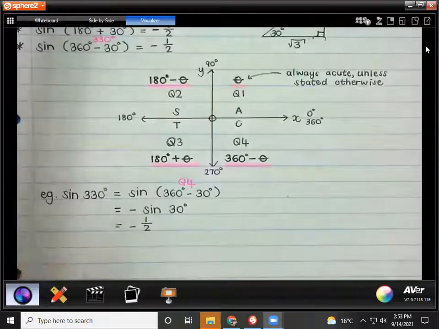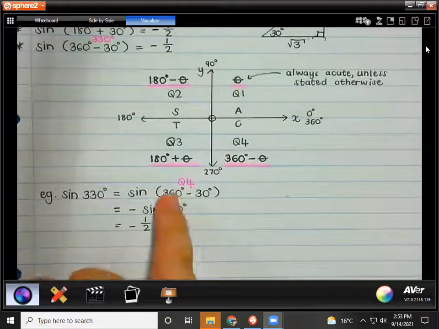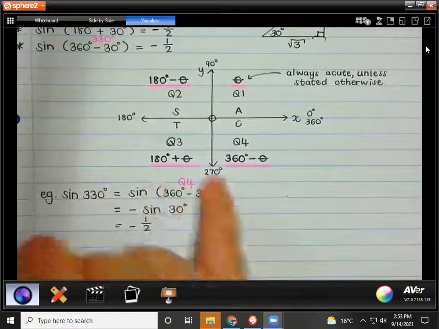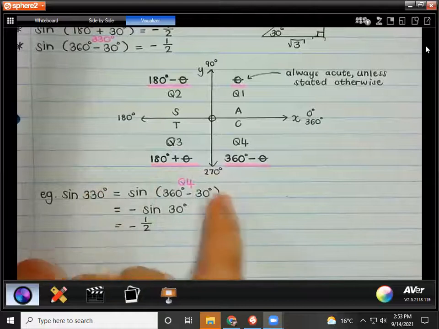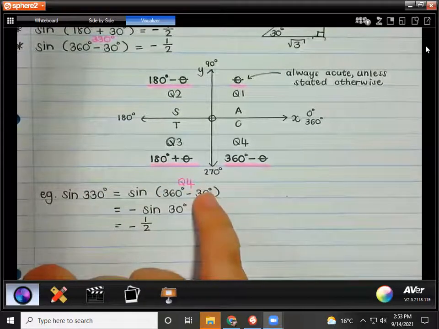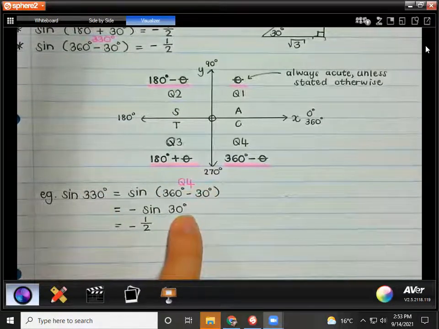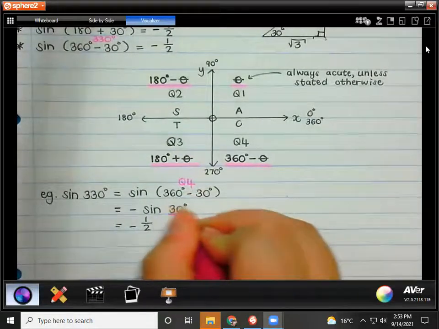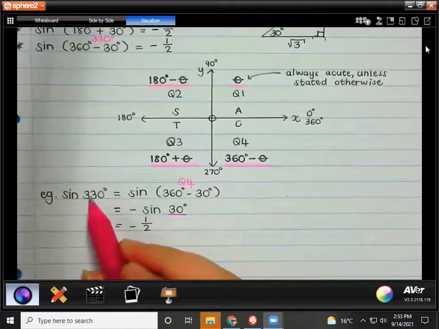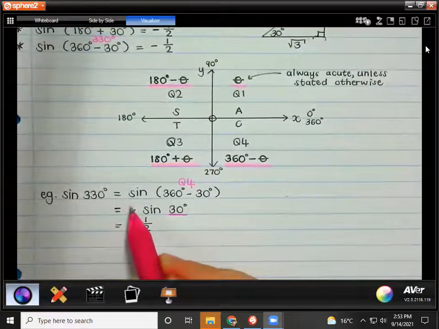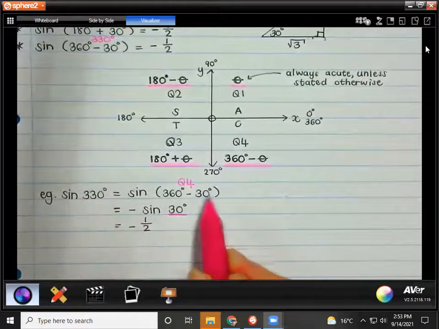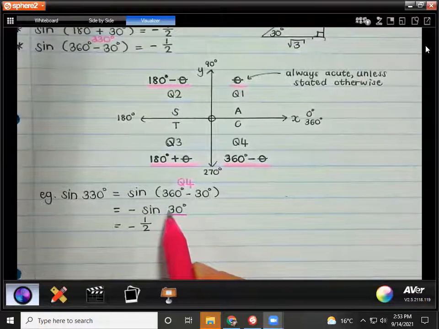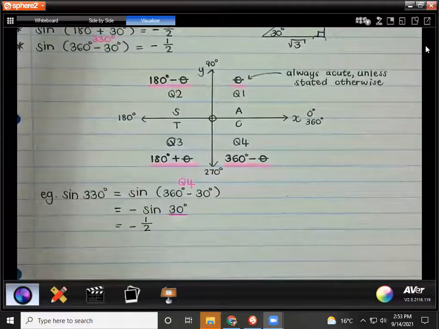So what we did here, where we had 330 degrees, I rewrote that as 360 minus 30. And then what did I change my angle to? 30. That's what they're saying. The original angle, 330 degrees, I put the minus in front, and then this angle becomes the acute angle.